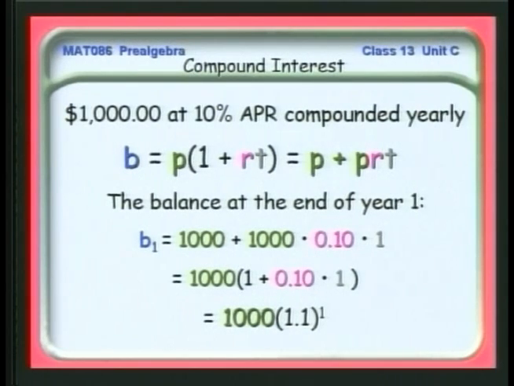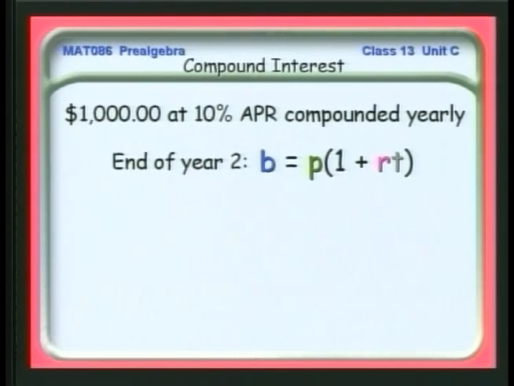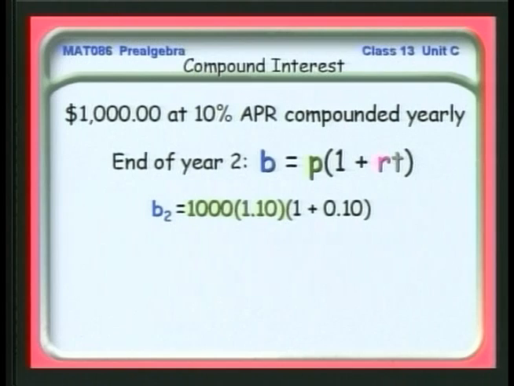I'm going to leave it in this form. The balance from the end of the first year becomes the principal for the beginning of the second year. Now, at the end of year 2, what do we have? The 1,000 times the initial 1.10, those first two quantities, is the principal from the end of the first year. Then we're running it to the end of the second year.